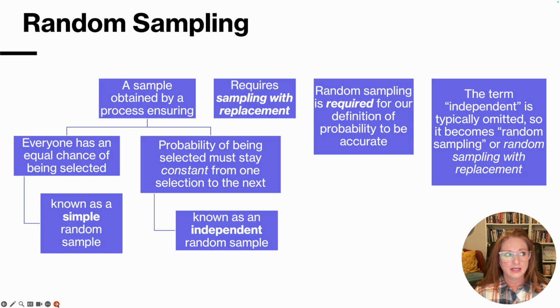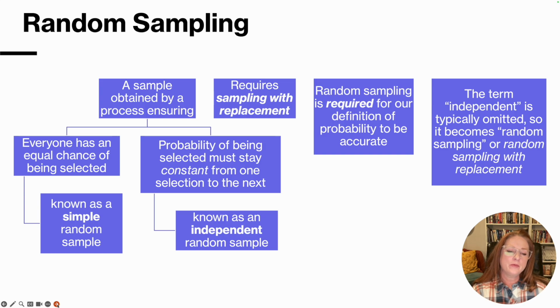You can't look at somebody and say they look like they'll respond to the treatment well, or the opposite, that the treatment will never work on them. Everybody that signed up to be part of your study has to have an equal chance of being selected, as the experimental group or as the placebo group. This is known as simple random sampling.